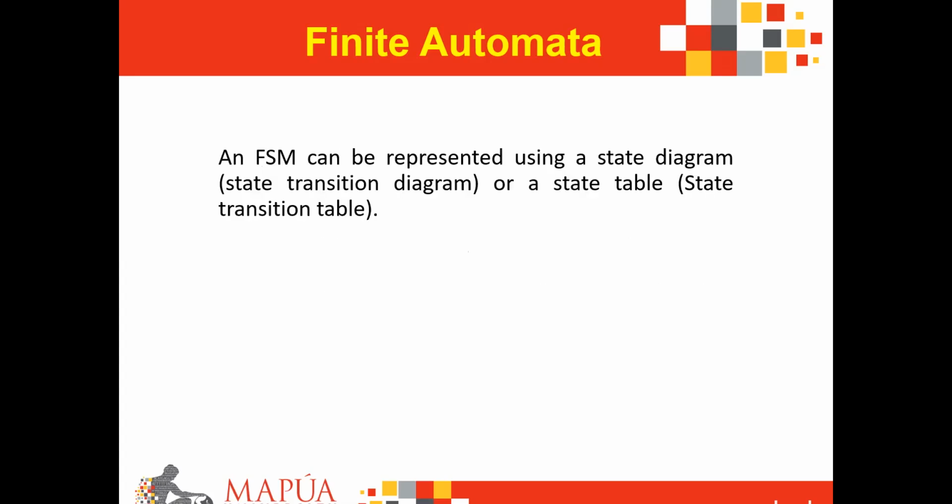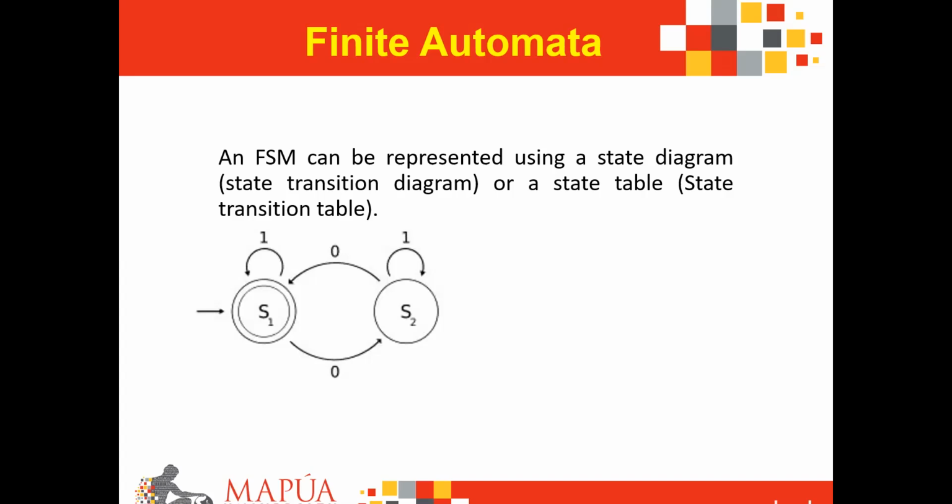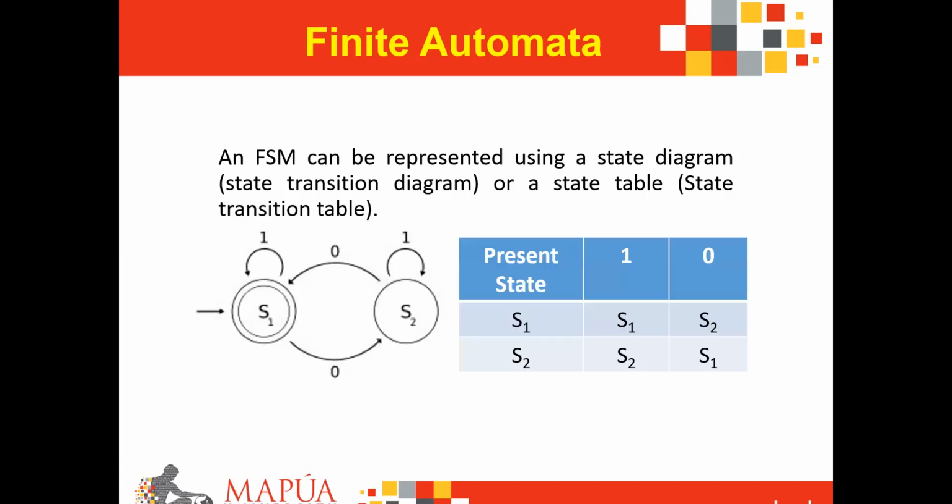A finite state machine can be represented either as a state transition diagram, as seen on the previous slide, or as a state table. When described as a state table, this diagram would appear like this. On this table, you have the present state, and then you have inputs which are given in the columns of 1 and 0.